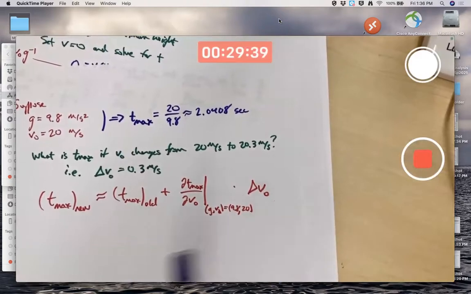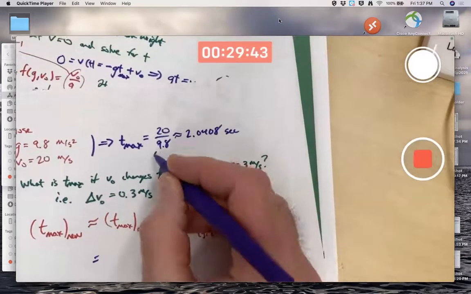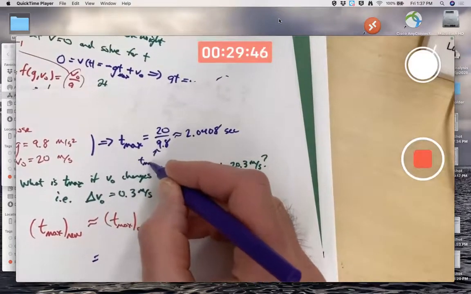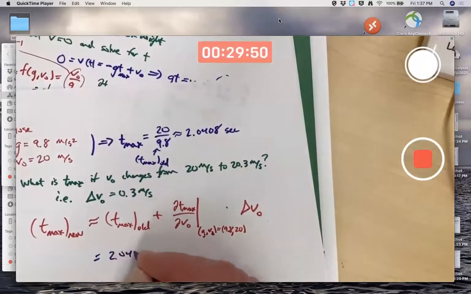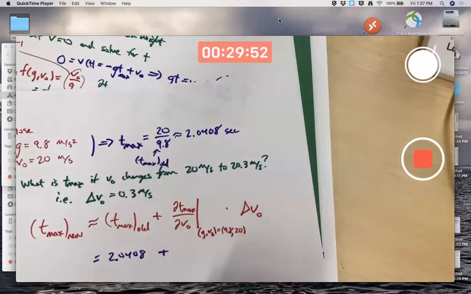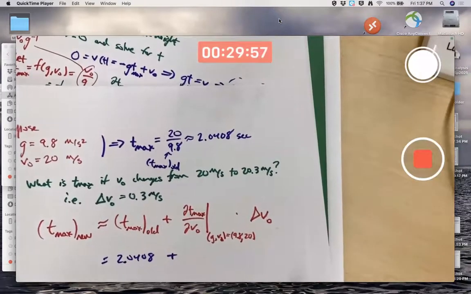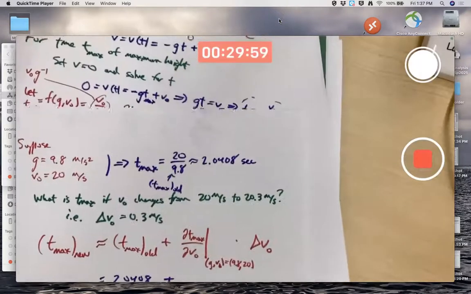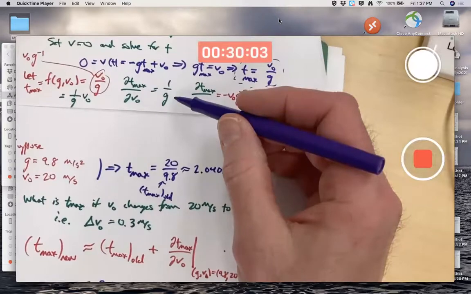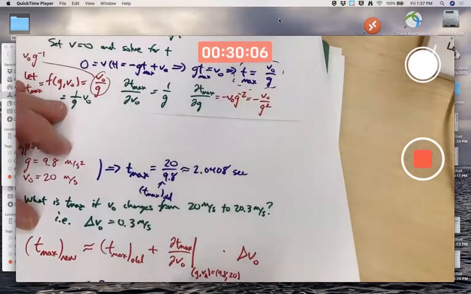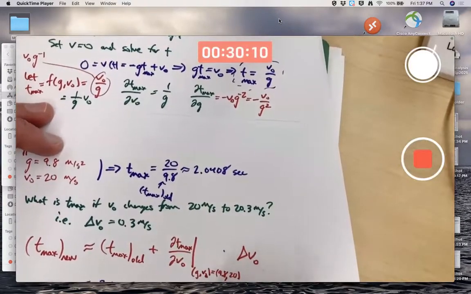We can plug numbers in now. t_max old is this thing, 2.0408, plus what was the derivative that we got? Well, I guess we haven't evaluated that yet. I've got to use this equation right there, 1 over g. 1 over 9.8 times the change in V0, which is 0.3.